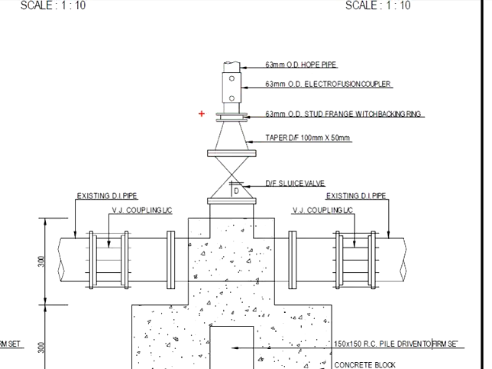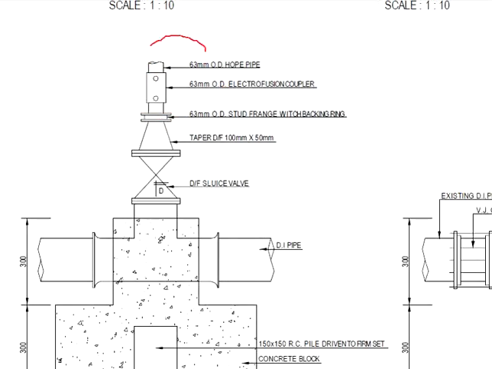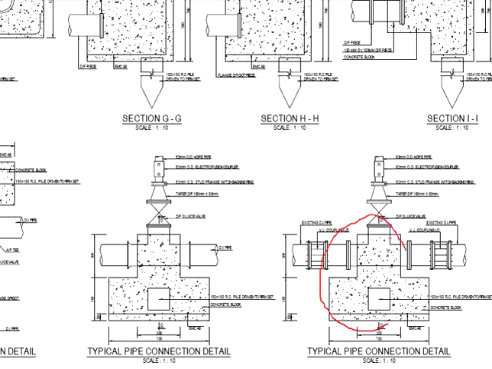That's why you need a tapered fitting here, changing the diameter from 100 mm to 50 mm, so that it can be perfectly fit with the 63 mm pipe diameter. Same design goes here. And then you will see concrete blocks to keep the joint in static conditions.